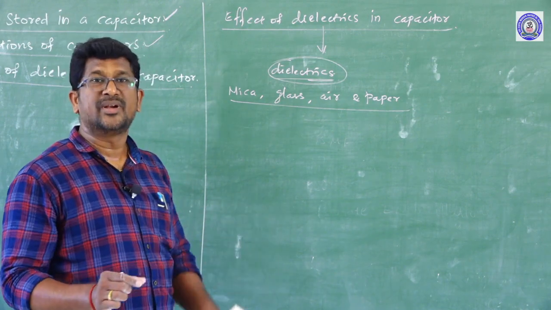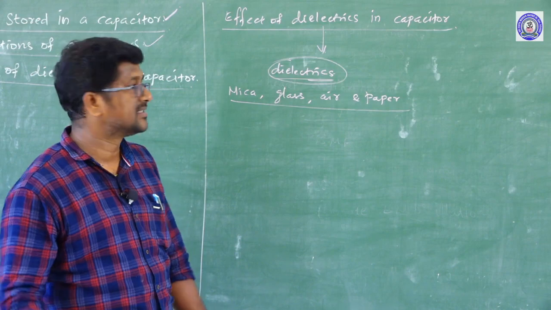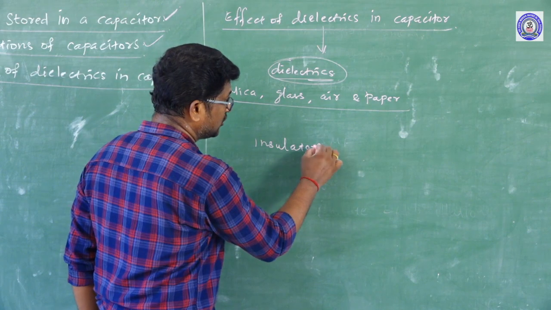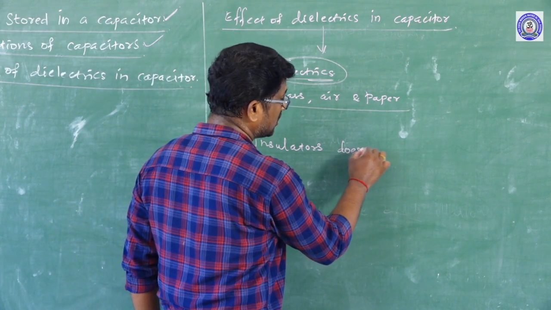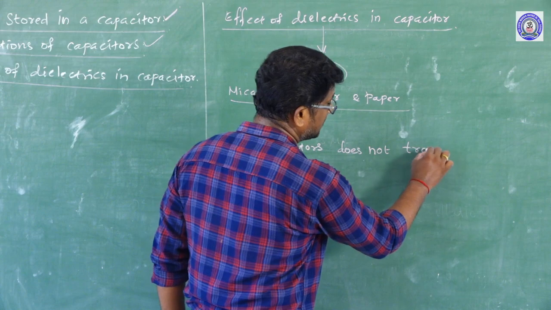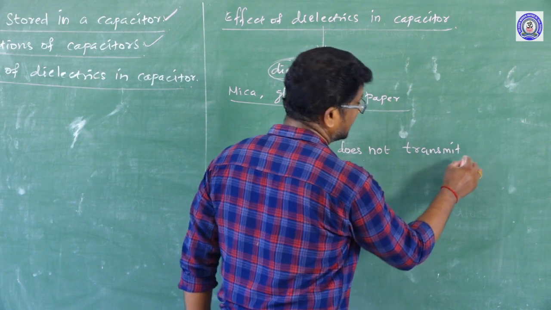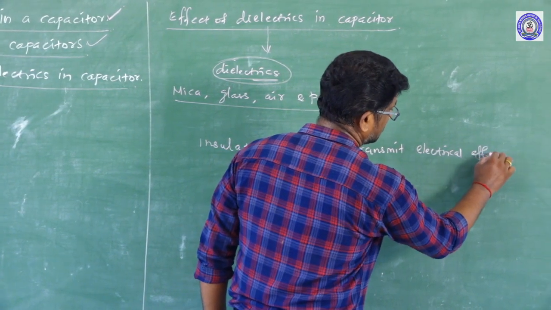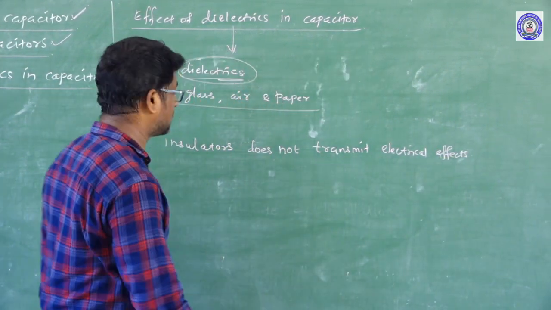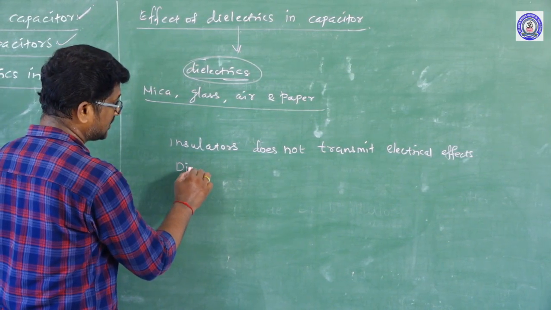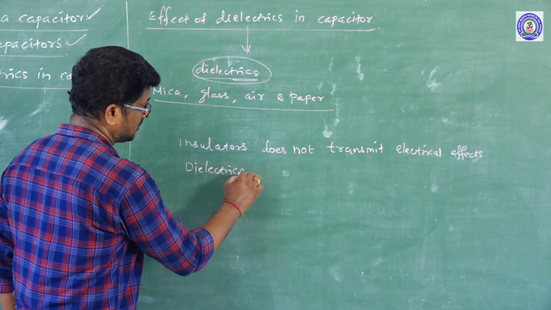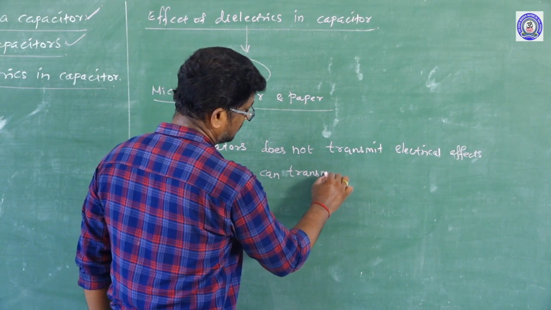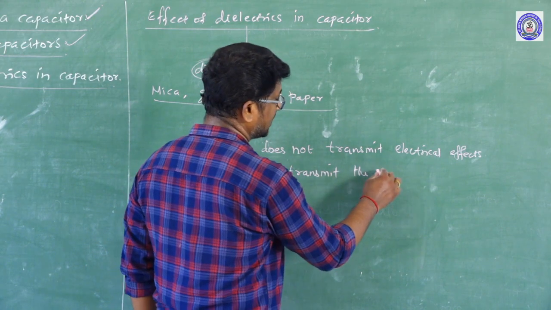The main difference between insulator and dielectric material is that insulators do not transmit electrical effects. But dielectrics can transmit the electrical effects.